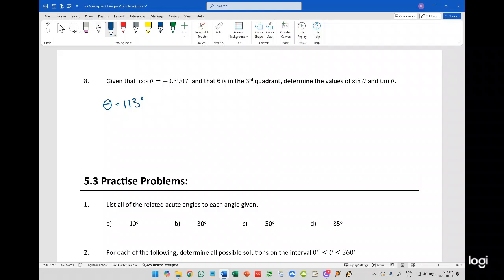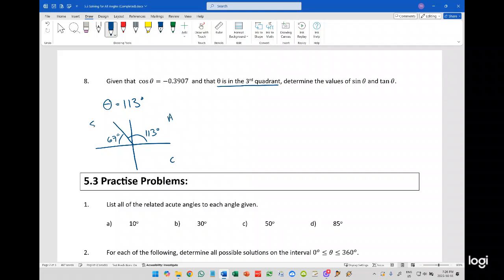But I'm also told that theta is in the third quadrant, and I think we can see from this that theta is not in the third quadrant, at least that answer is not. So here's 113 degrees. But if that's 113, it means that this one's 67.